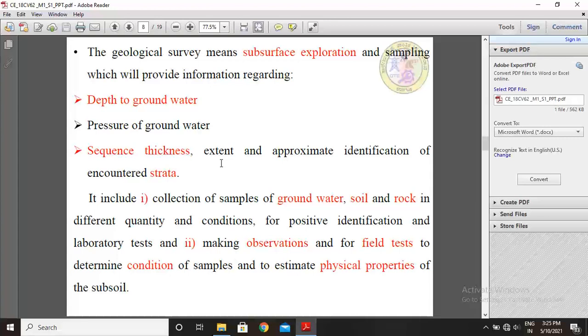So this includes collection of samples of groundwater, soil and rock in different quantities and conditions for positive identification and laboratory tests, and second, making observations and field tests to determine the condition of samples and to estimate physical properties of the subsoils.